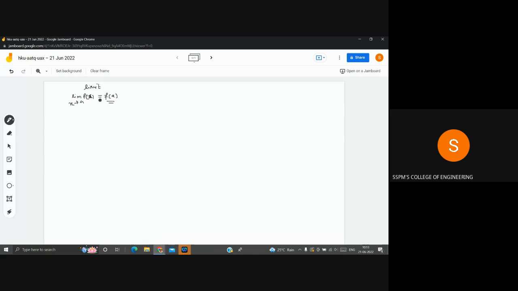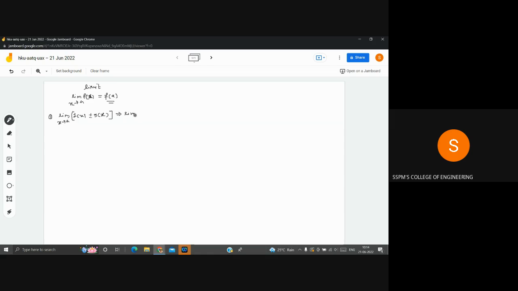So here in limits, there are some results, so I will state them here. The first result states that the limit of a sum or difference of functions, that is f of x plus or minus g of x as x tends to a, is nothing but the sum or difference of their limits.